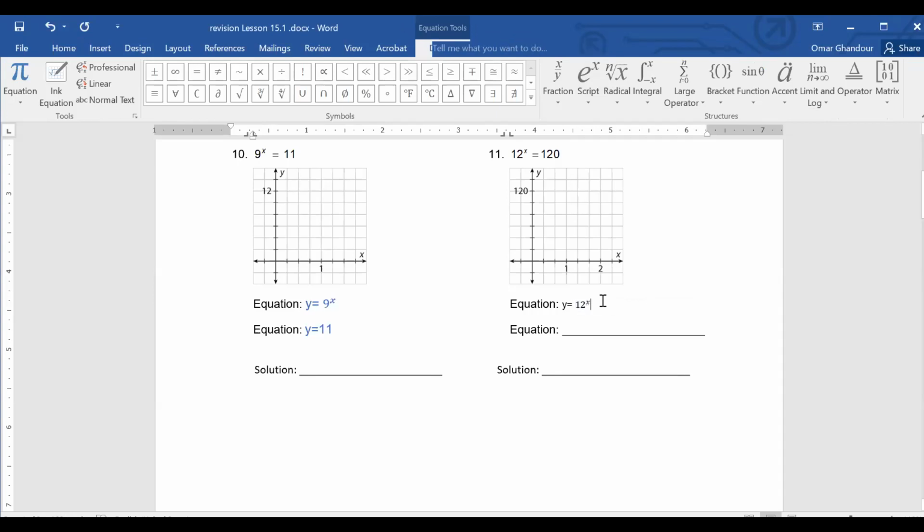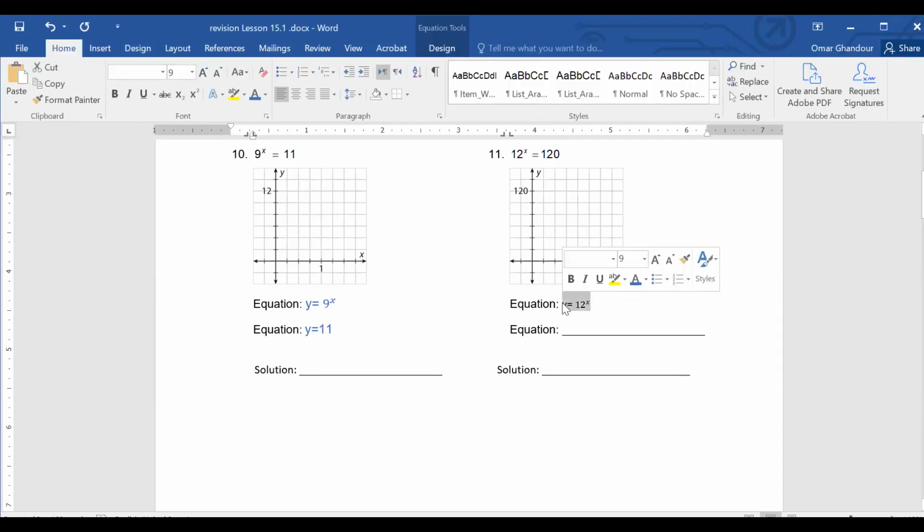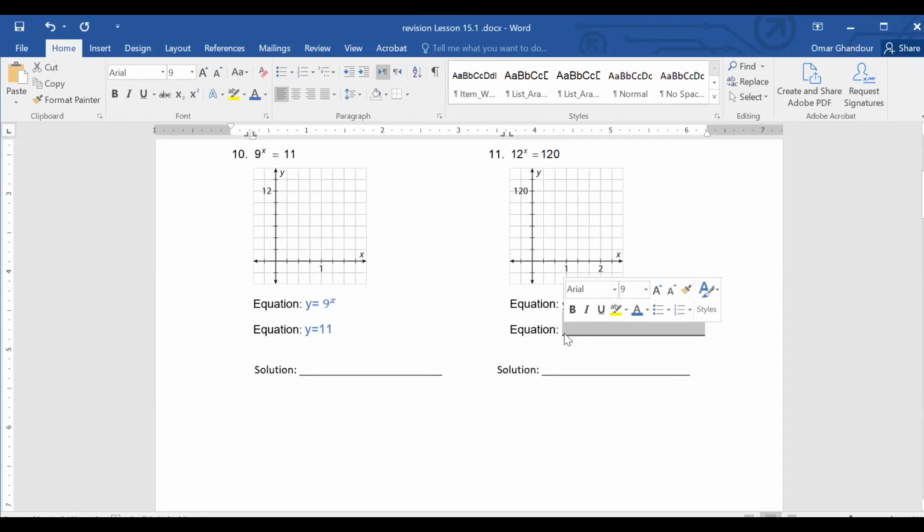So this was my first equation that I need to graph. Okay, and then the second equation is y equal to 120.